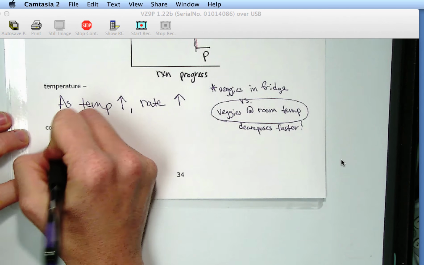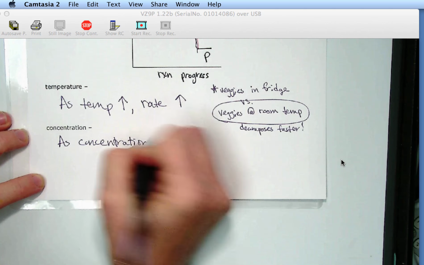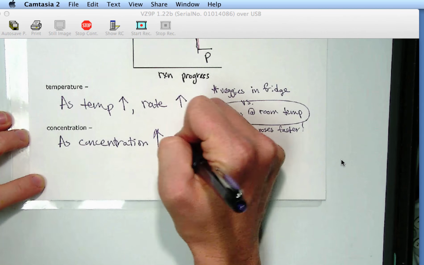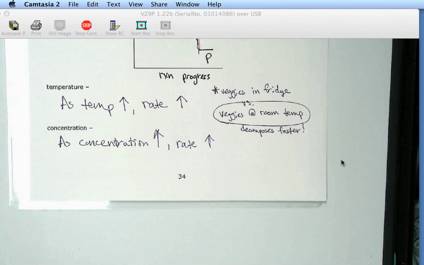So as concentration increases, rate increases too. So we've learned 3 ways to increase the rate of a chemical reaction. The first is use a catalyst. Second is to increase the temperature. Third is to increase the concentration.